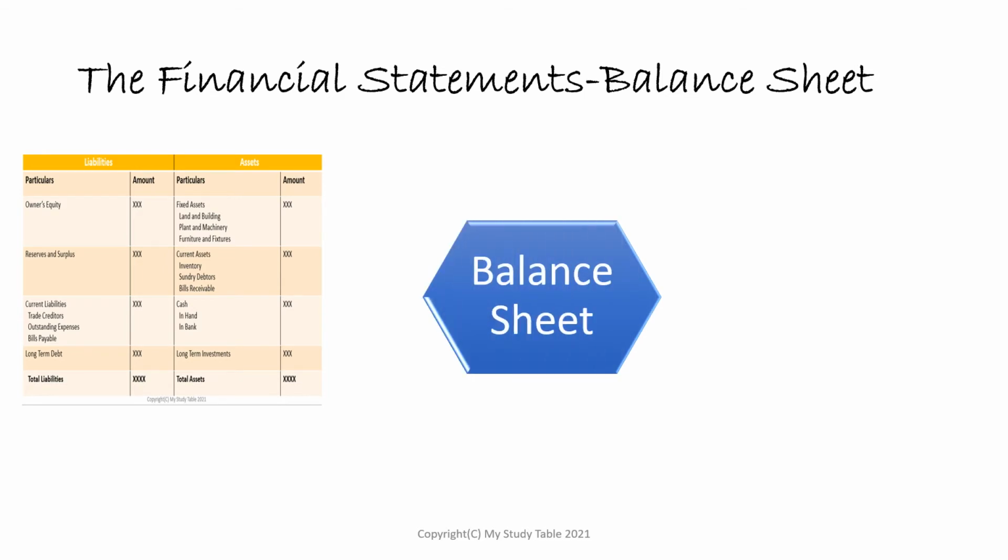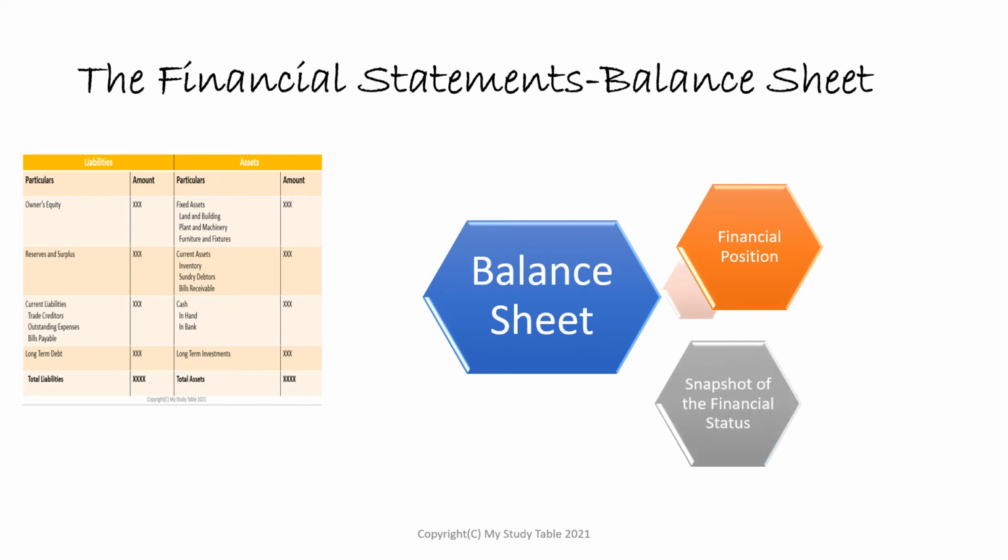So the balance sheet shows the financial position of a firm on a particular date, such as the end of a quarter or the end of a year. What we mean by financial position is the amount of assets, liabilities, and shareholders' equity in the firm.